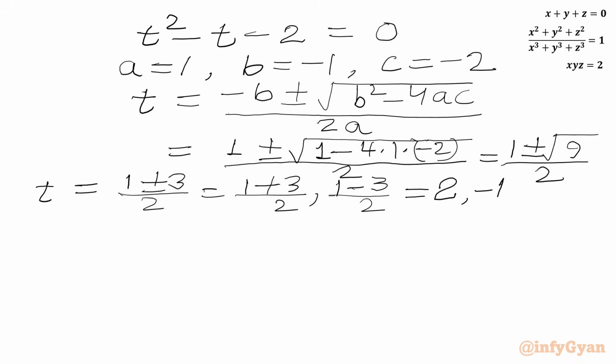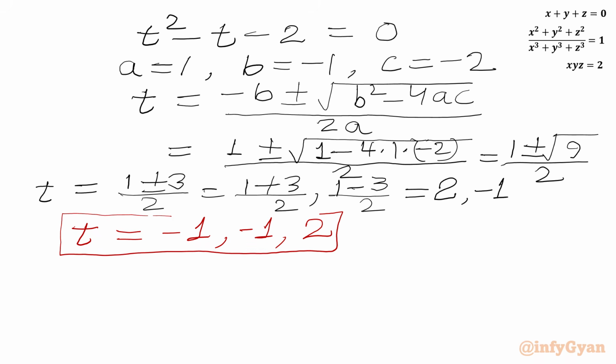is minus 1. Our base solution was minus 1. So I can write three values of t equal to negative 1 base solution, then negative 1 from here, and 2. Now we have to write only the ordered triplet x, y, z combos.